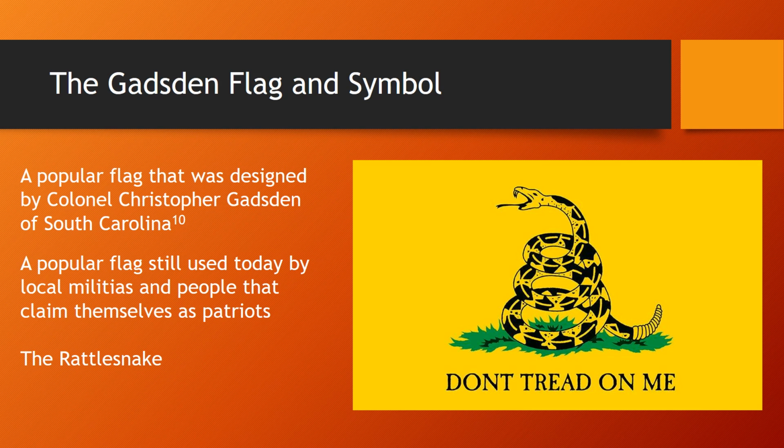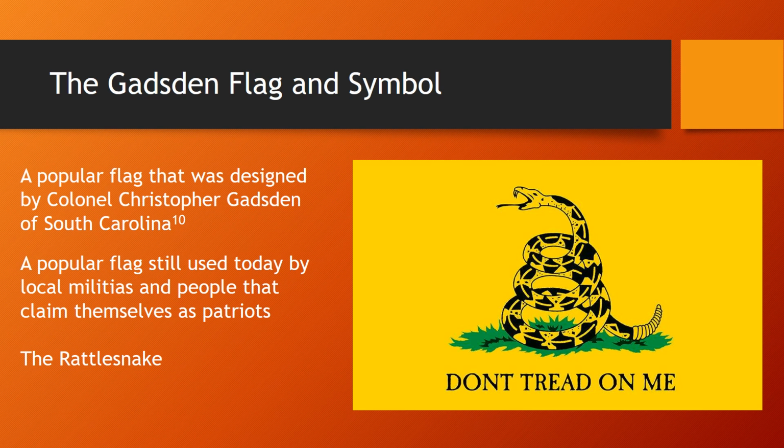And like I said, the reason I picked this particular one is because the rattlesnake kind of helps you see the rattlesnake as a symbol for the United States. We saw a couple different examples where the rattlesnake is this representative symbol.